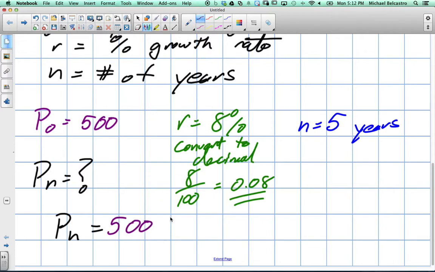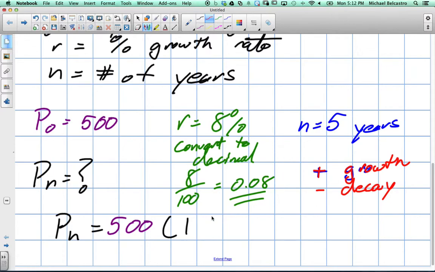And then we had a bracket, 1, and then it was a plus or a minus. Plus is for growth, and negative is for decay. So if we're growing, we're going to add the growth rate, and if we're decaying, we're going to subtract the decay rate.